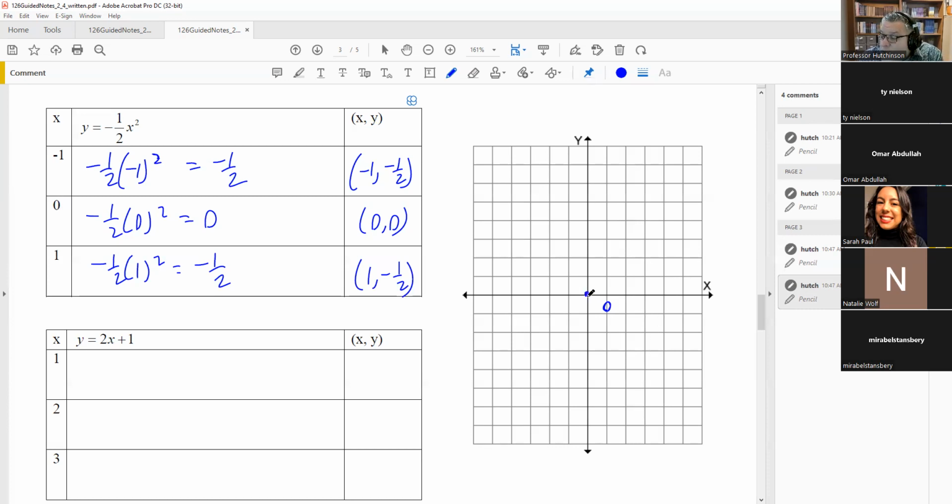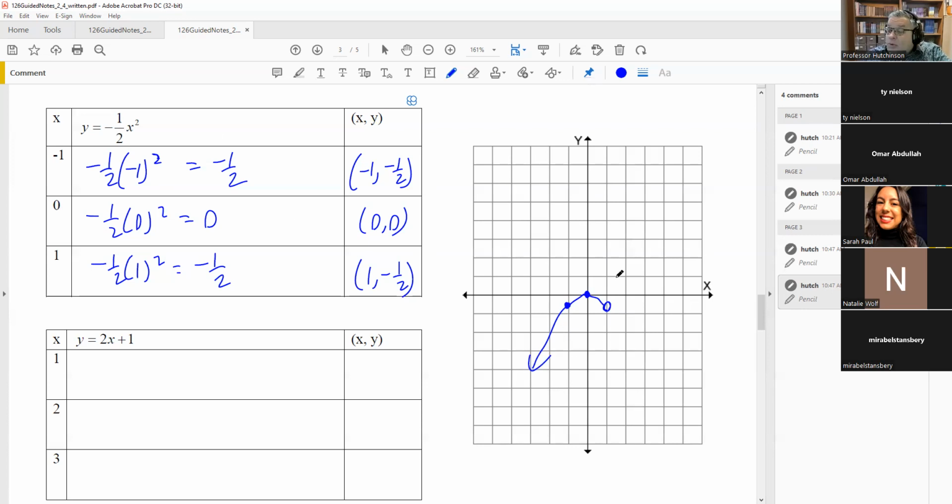Now the rest of them, 0, 0, and then also -1, -1/2 like that, that's okay to use there. Because it's a square, we end up having a kind of upside down parabola thing. It's going to kind of look something like this. All right, so a square always has a U shape to it.